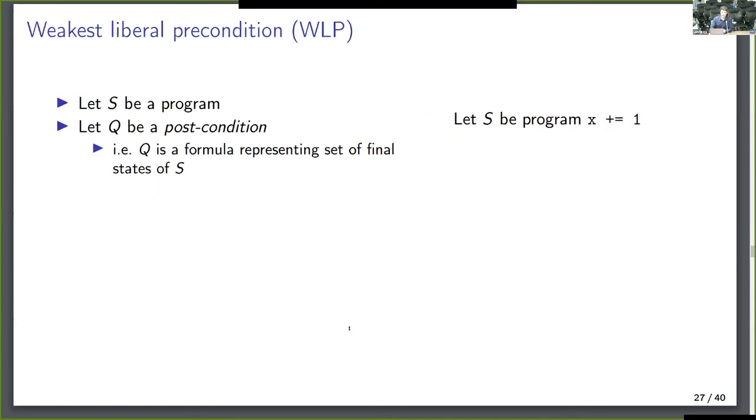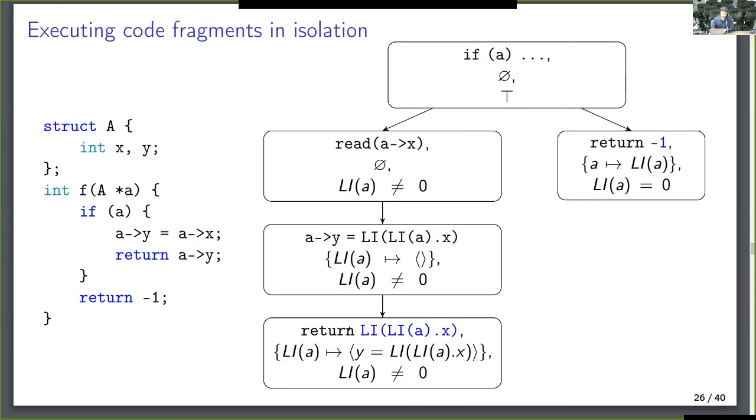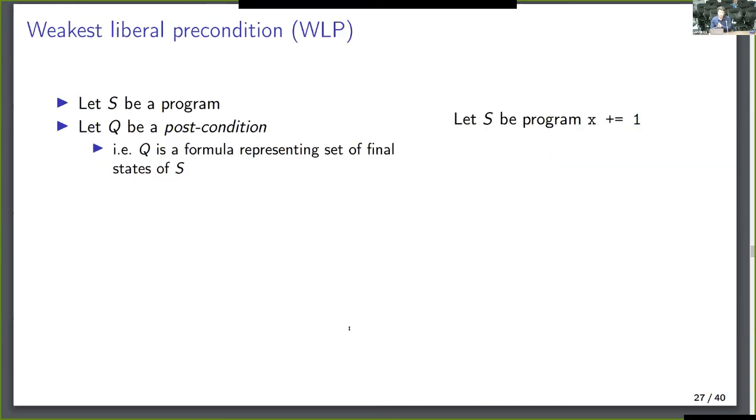Now, this is the first ingredient of our approach. The second ingredient is computation of weakest liberal precondition. This is a pretty standard thing. What is the weakest liberal precondition?